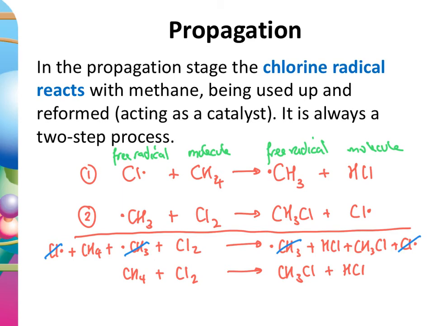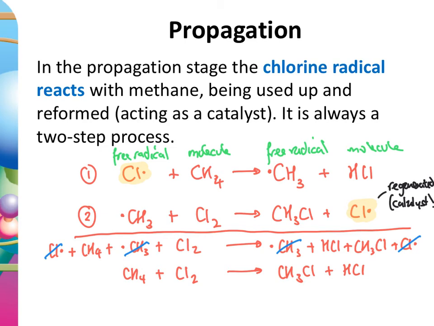Something else to just highlight is, what would be a colour to use here? Well, yellow. Notice that we started with a chlorine free radical and we finished with a chlorine free radical. So our chlorine free radical was regenerated. So we can see that it's acting as a catalyst. At GCSE, you spoke of catalysts being something that weren't used up.